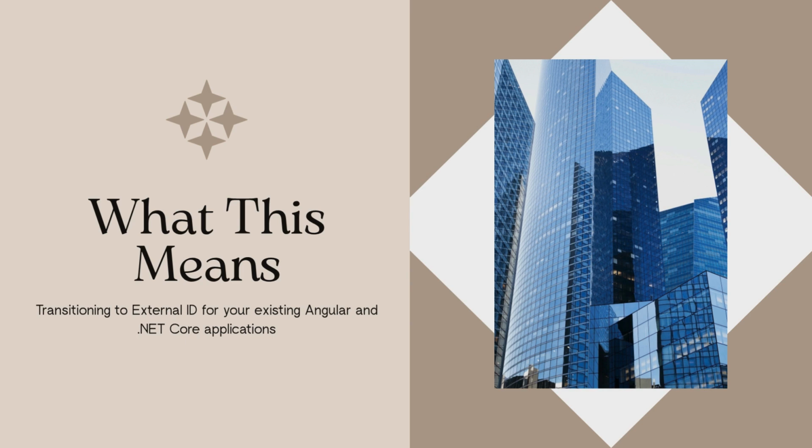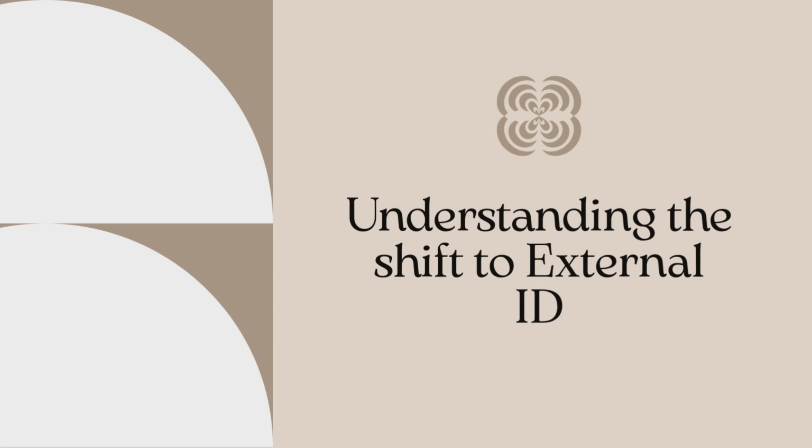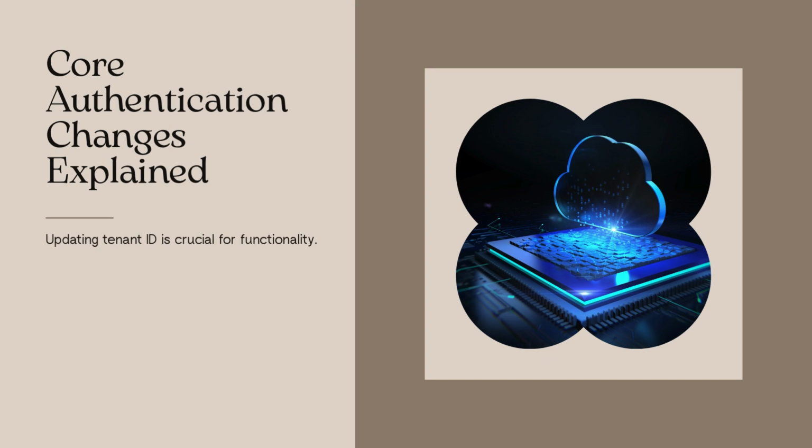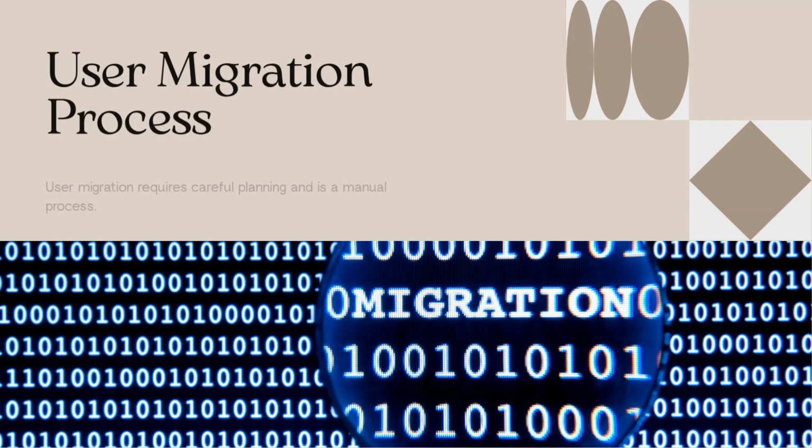What this means for your existing applications. For your existing Angular and .NET Core application, the core authentication using MSAL and Microsoft.Identity.Web remains largely the same, leveraging OpenID Connect. So the main change will be updating your tenant ID and authority URLs to point to your new External ID tenants.